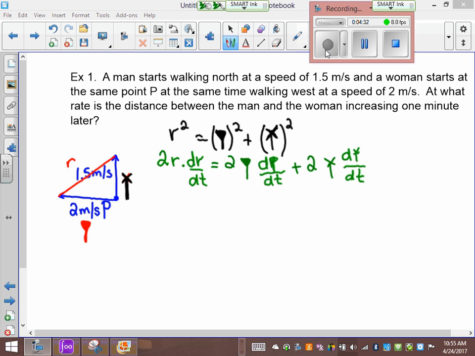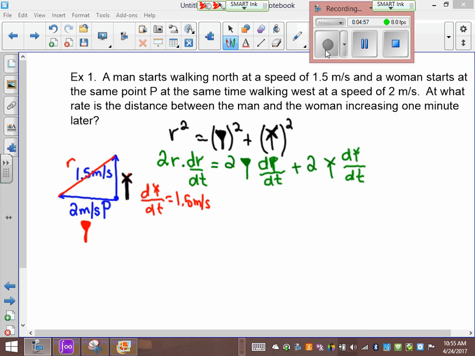All right. So what's the catch here? I told you guys, we're solving for dr dt. What must we know? Right. So we know d railroad crossing over dt. What is it? 1.5 meters per second.